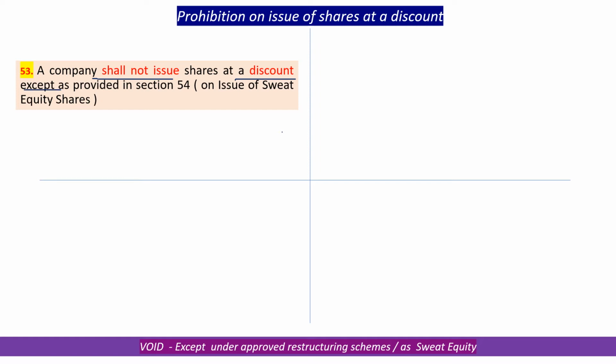A company shall not issue shares at a discount, which means it has to be issued at par or at a premium. However, if the company is issuing sweat equity shares, it is allowed to issue the shares at a discount. We will be seeing separately what this sweat equity share is.